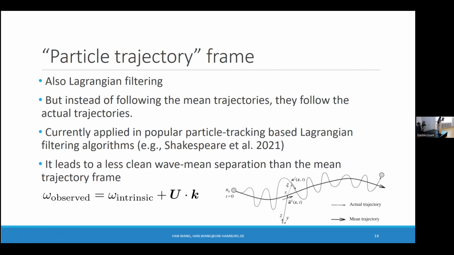And again, to repeat my argument for the GLM approach, my main argument is that the Doppler shift term is induced by the mean velocity. So if you want to cancel the Doppler shift term, you should move with the mean velocity.